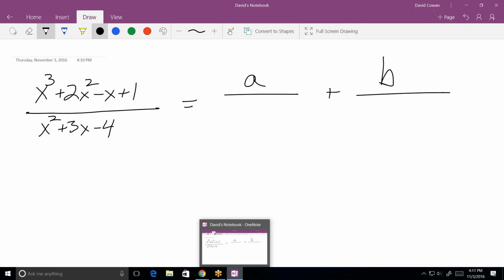Well, how's the denominator factor? x plus 4 and x minus 1. So that's what's going to go over here.